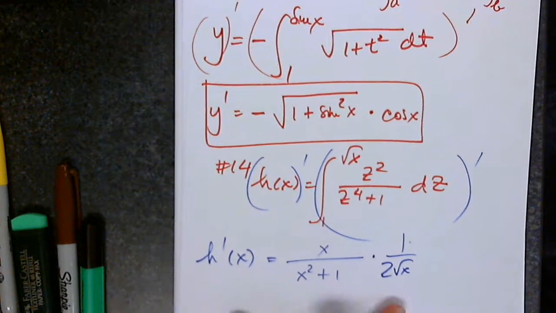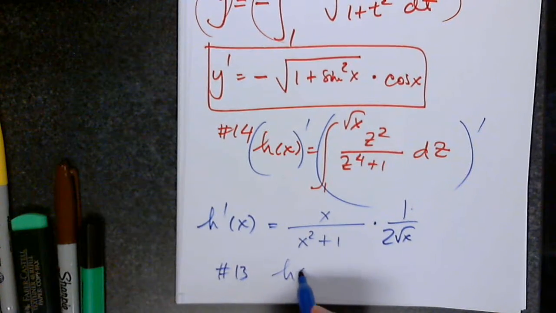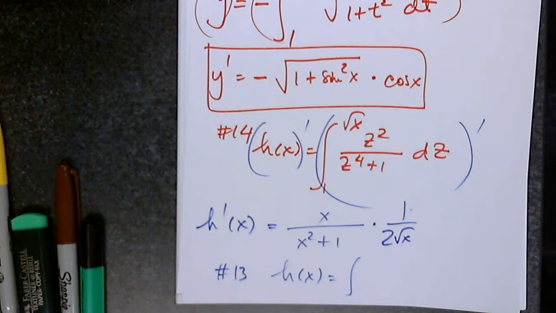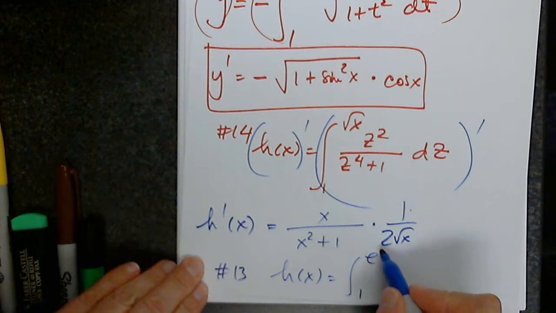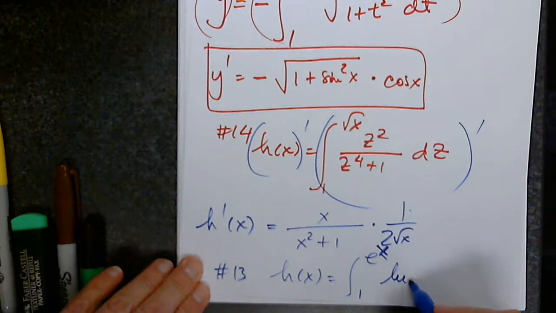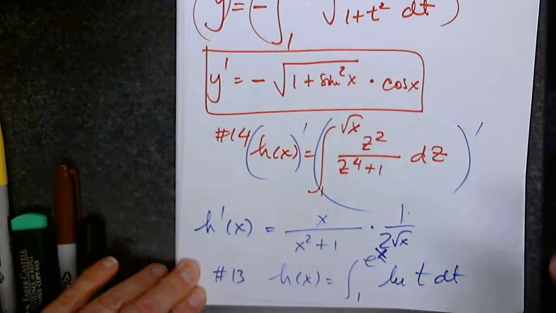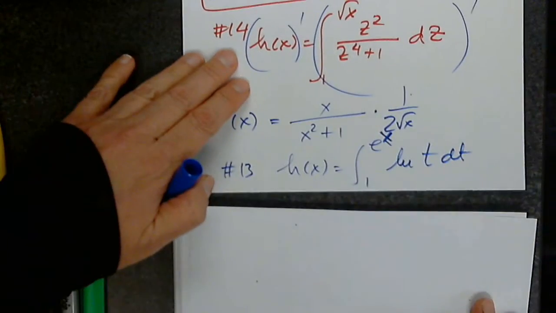Let's work on 13. So it's again h of x, the integral from 1 to e to the x, and it's applied to natural log t dt. This is a function. We're not asked to evaluate anything.